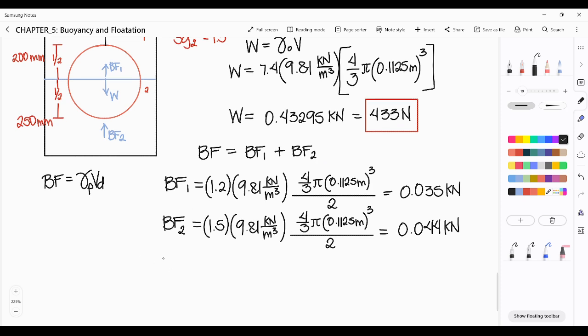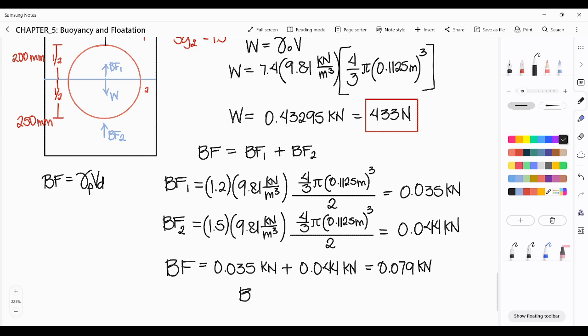So, to get the total buoyant force experienced by the object, we simply add them together. 0.035 kilonewtons plus 0.044 kilonewtons. Add mo lang yan. That is equal to 0.079 kilonewtons.